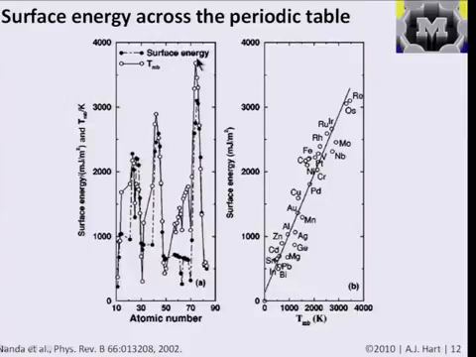Basically, as the bonding configuration of solids gets more stable, the surface energy increases. And there's also a pretty consistent correlation between surface energy and melting temperature, which makes sense because as a solid is more stable, then you're going to need to apply more energy to melt it, and therefore it's going to melt or transition from a solid to a liquid phase at a higher temperature.